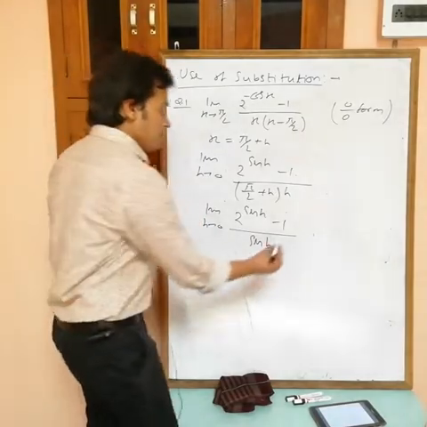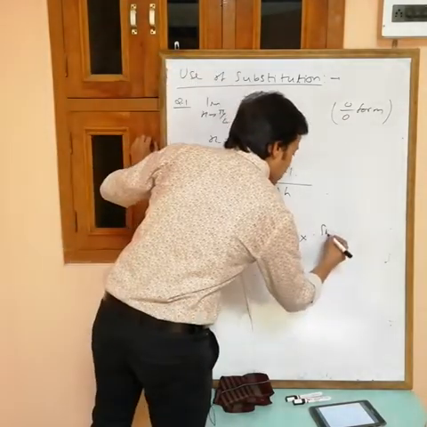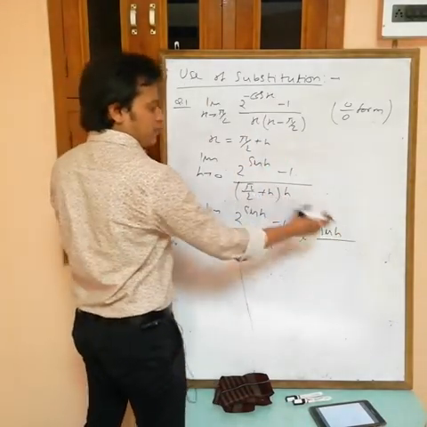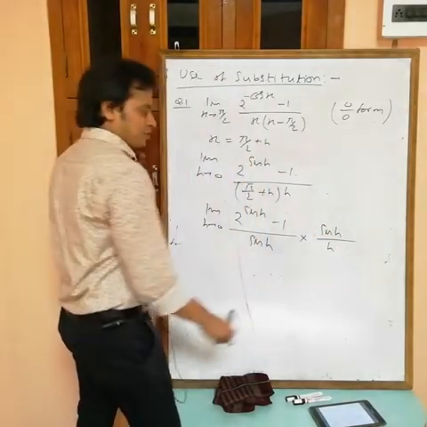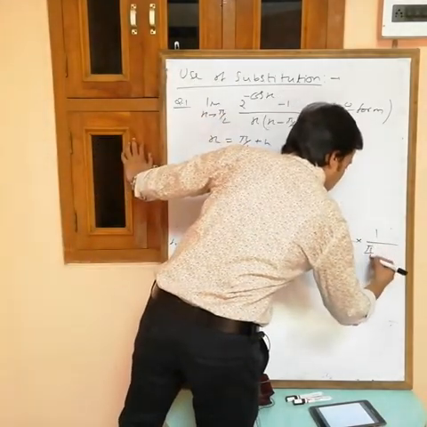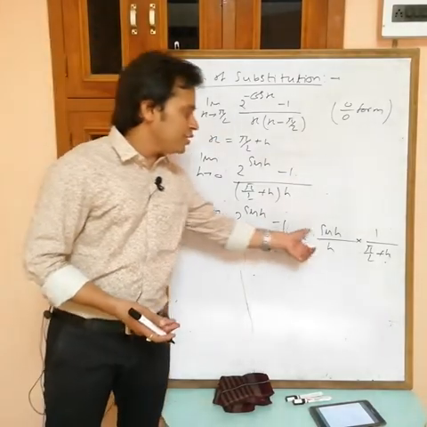But we didn't have sin h in the denominator. So multiply in the numerator sin h. Now the remaining is this one we have to write. Sin h, then in the denominator write h. Now what remains? Only this part is remaining now, 1 by pi by 2 plus h.